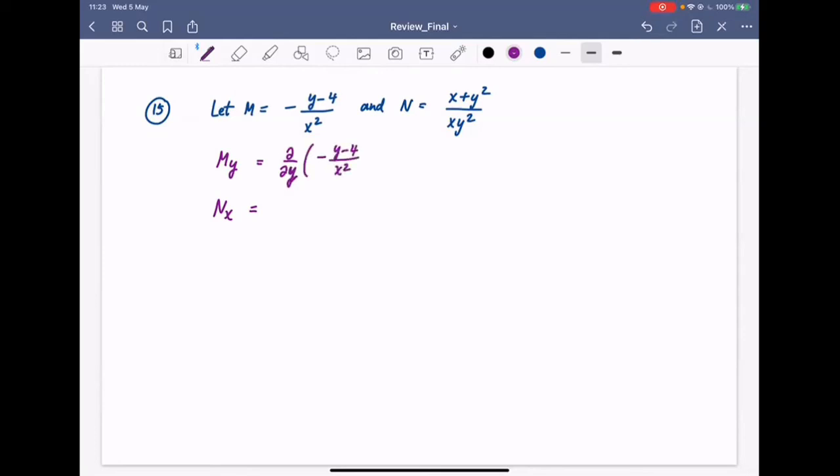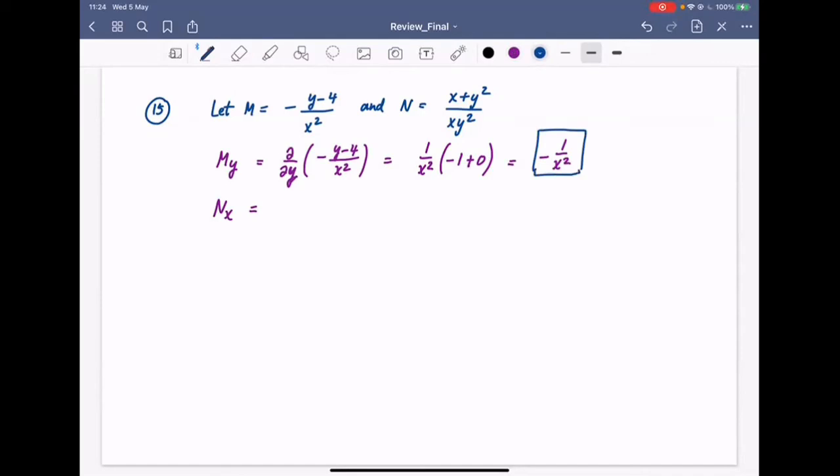For sure, x squared is constant, so you pull out x squared. You differentiate negative y. What do you get? Negative 1, right? And then plus 0 here, because you differentiate with respect to y. So that means you get negative 1 over x squared. This is M subscript y.